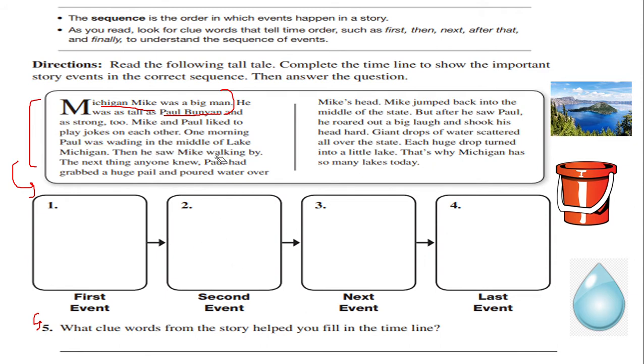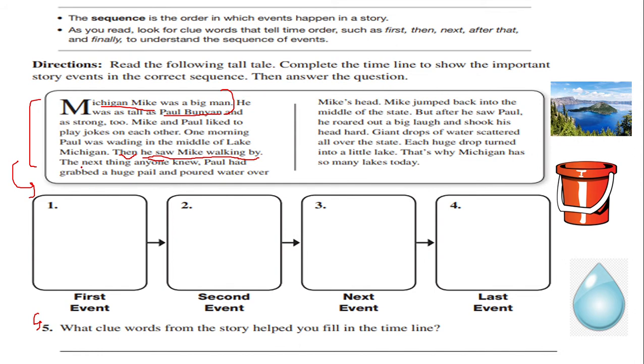Paul. And then we have this clue word that tells me what happened then. He saw, so underline, he saw Mike walking by.